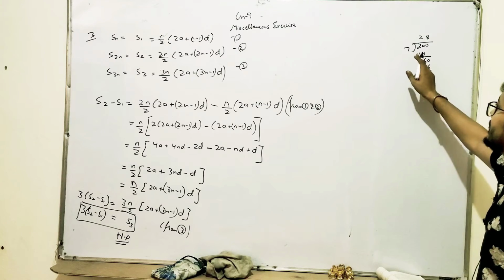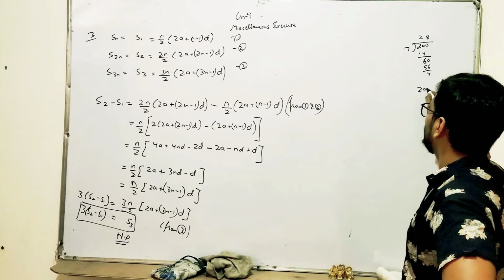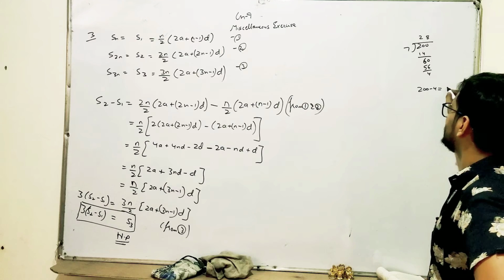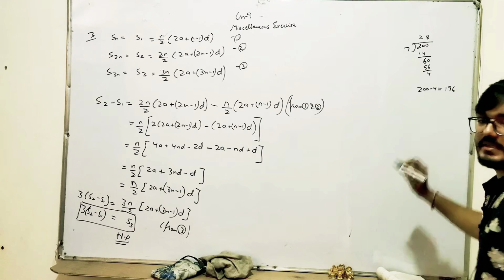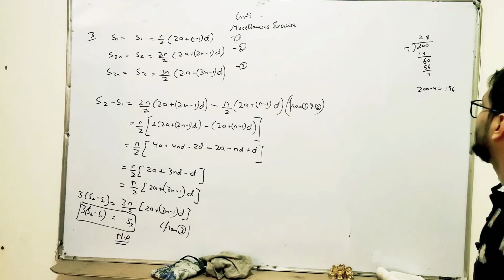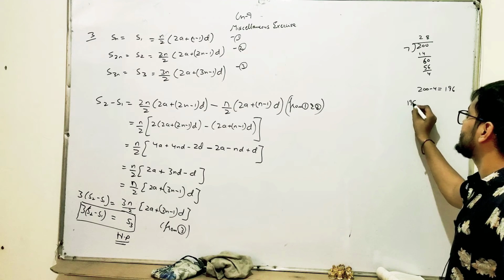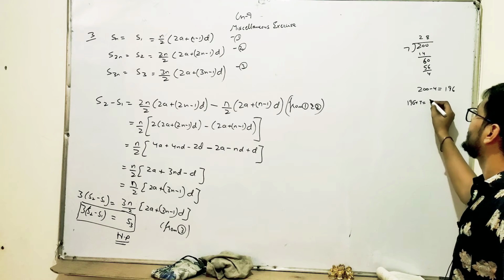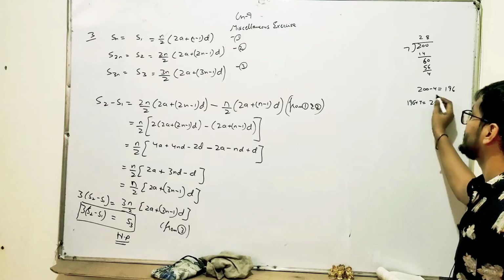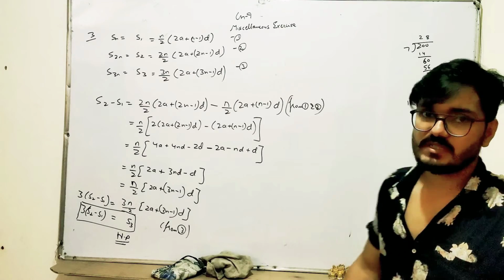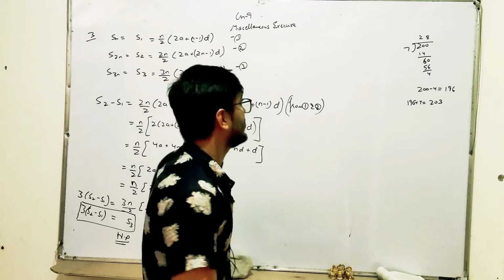So if I subtract 4 from 200, 196 is divisible by 7. So if I add 196 plus 7, this will be 203. So that means 203 is the minimum number which is divisible by 7, right?